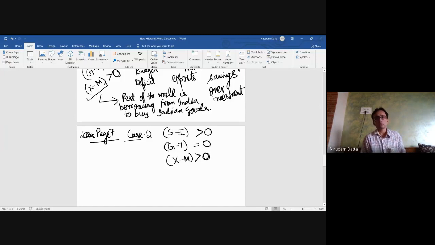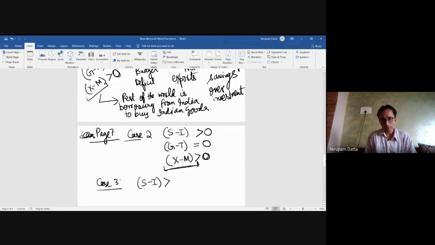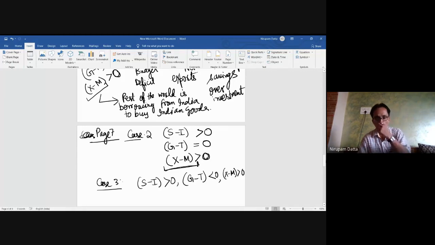In that situation, the entire excess of savings over investment is used to finance the net exports, that is, borrowing by the rest of the world to buy Indian goods. So this is case 2. Case 3: S minus I is greater than 0, G minus T is less than 0, and X minus M is greater than 0.